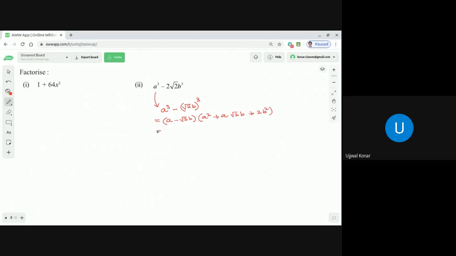You can just rearrange a little bit: a minus root 2 into b, and you can write a square plus root 2 into ab plus 2b square. Correct or not? Yes, sir. Thank you, sir. Okay, great. Shall we proceed? Could you please explicitly say yes or no? Yes, sir. Okay, great.